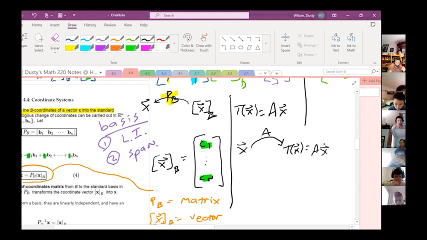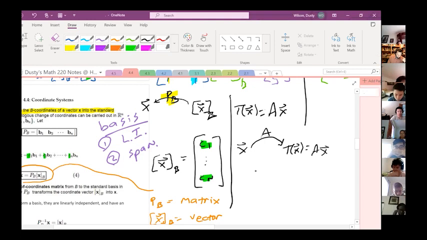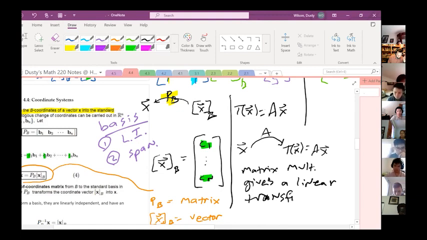So we were doing matrix multiplication in order to do a linear transformation. And specifically, the matrix that we're multiplying by, that A matrix, is on the left of the X.